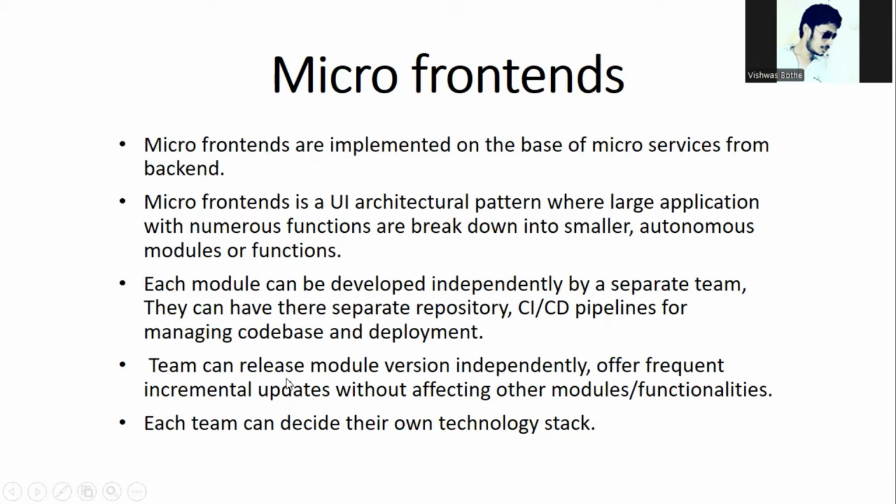Due to division into different modules, teams can release module versions independently and offer frequent incremental updates without affecting the other modules or functionality. So as we divided the application into different repos, we can have module versions independently.